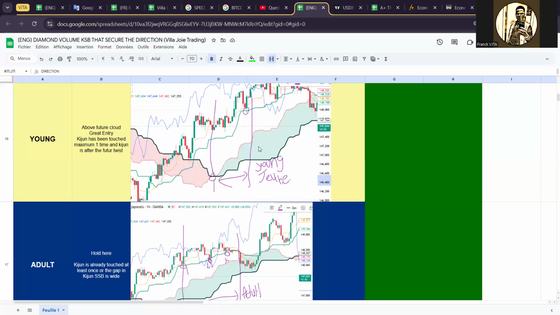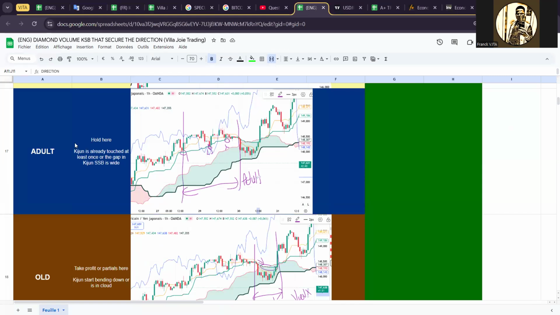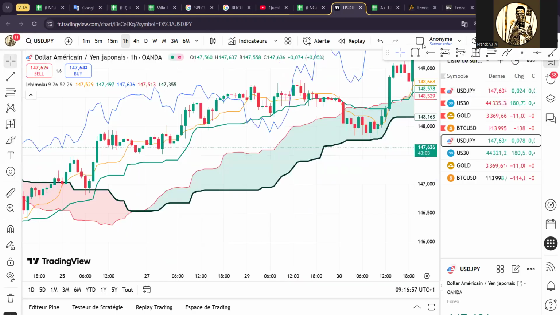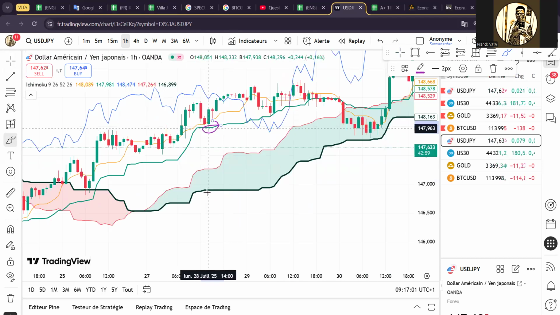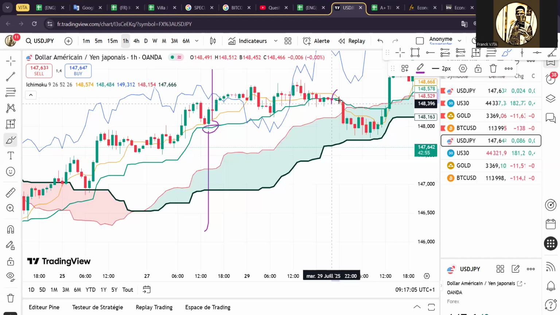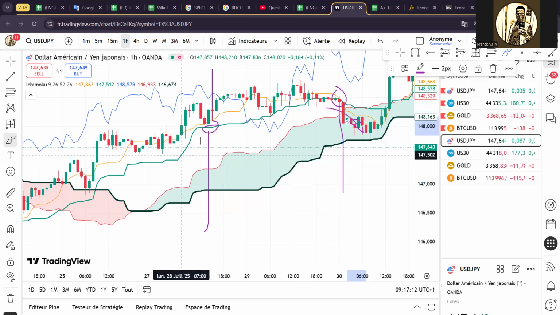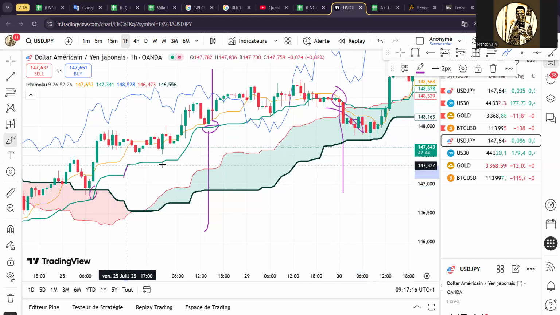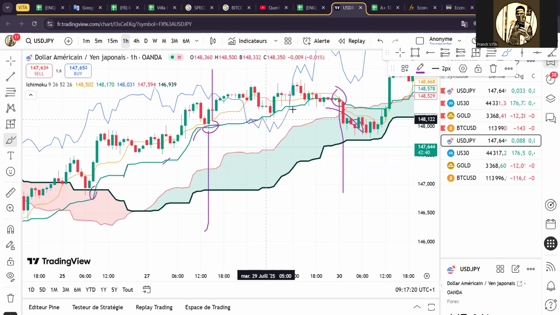But now we have the adult speed. The adult speed is in between the first Kijun touch here and the start of Kijun bending down. You realize that from the KSB course till now, Kijun is just inclining to the upside.